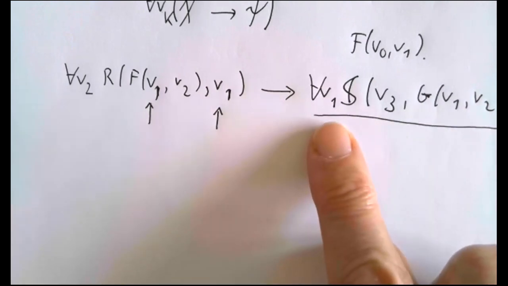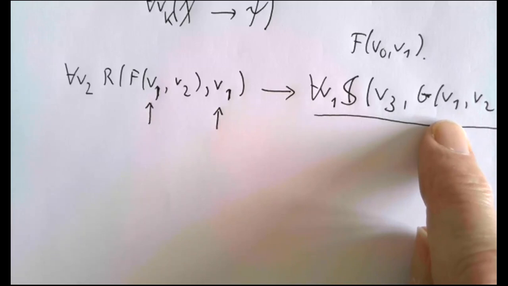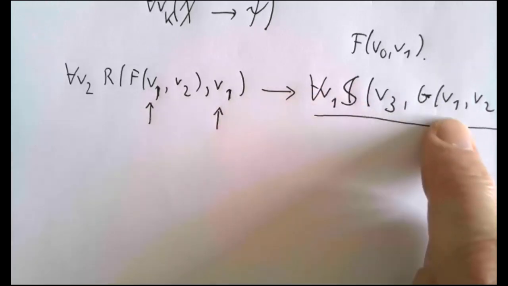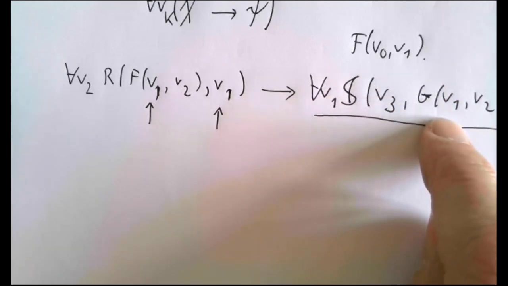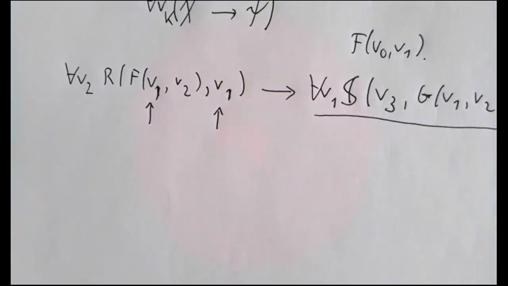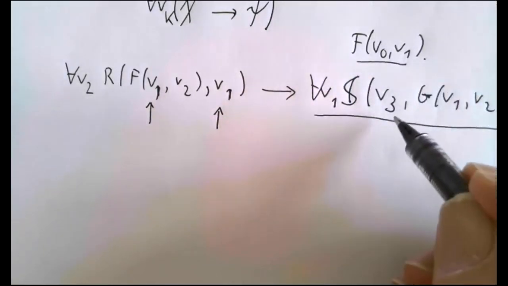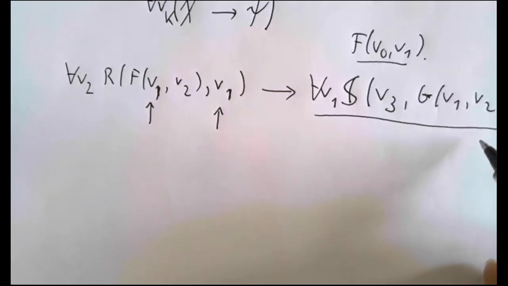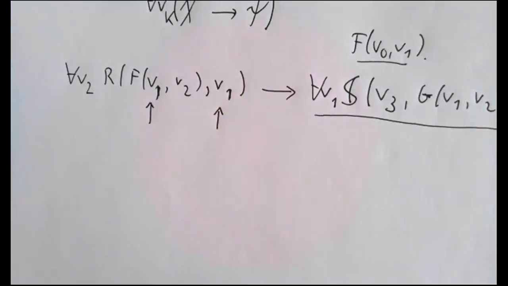Actually, here I've just got this quantified v1 in here, so v1 is not a free variable over here. So in fact, according to the definition, this is substitutable for v1 in here, kind of by the default clause that's there.